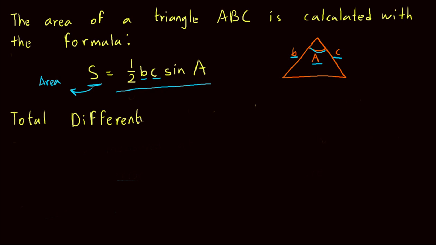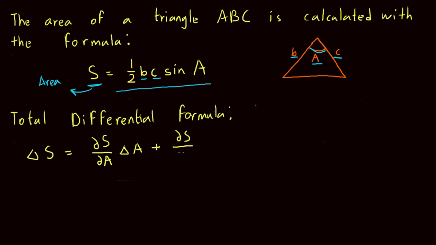The total differential formula: delta S equals del S del A delta A, plus del S del B delta B, plus del S del C delta C. Okay, so that's the total differential formula.